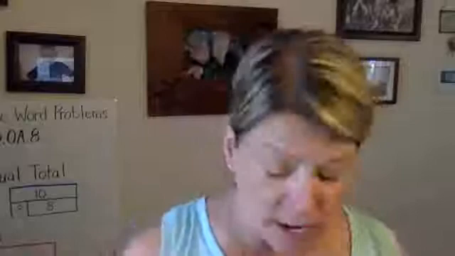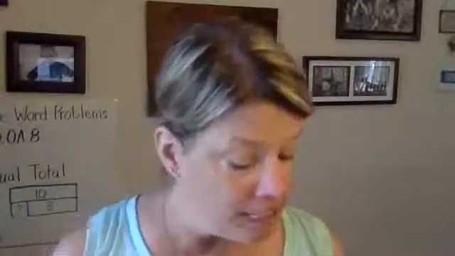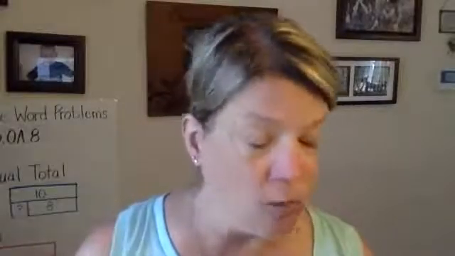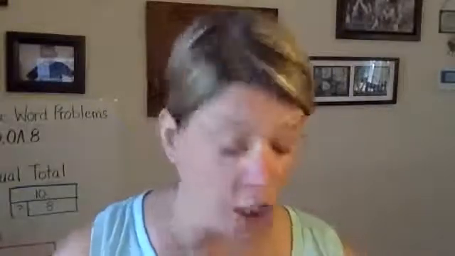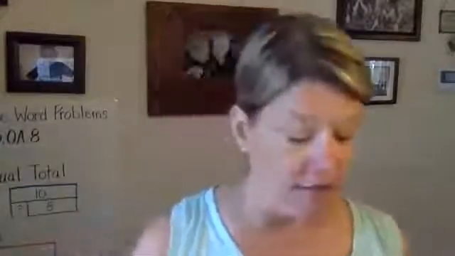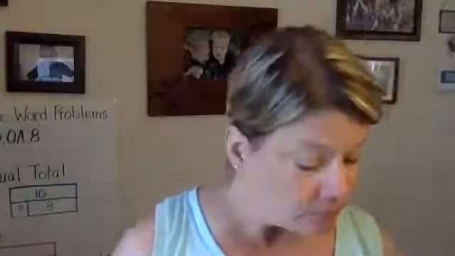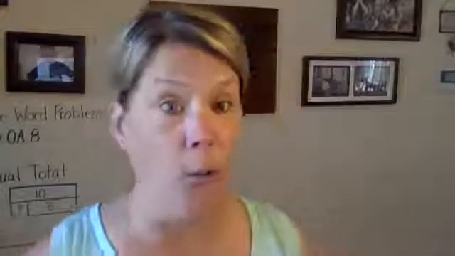So, second graders, you are partitioning circles and rectangles into 2, 3, and 4 equal shares. And the biggest thing you need to know is we need to use the words halves, thirds, fourths, or half of, a third of, fourth of, and it says a quarter of.